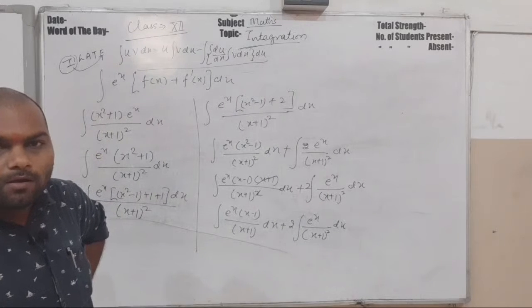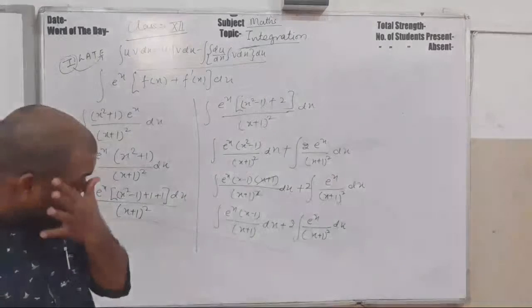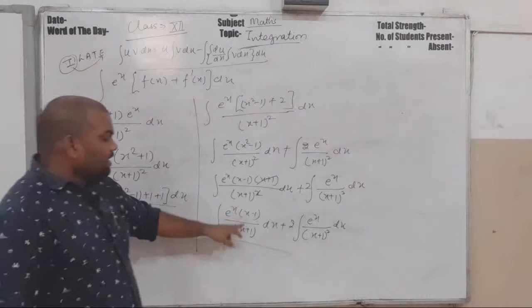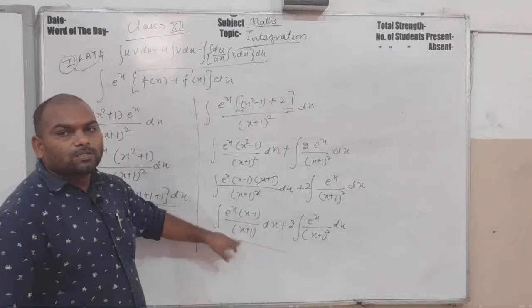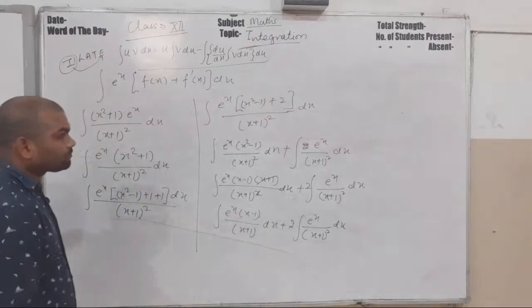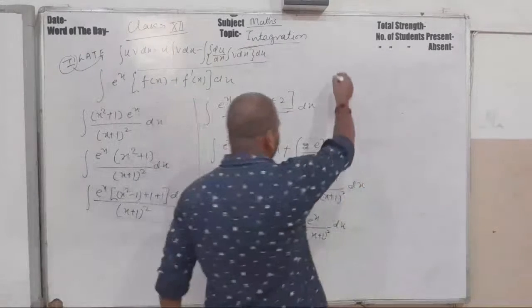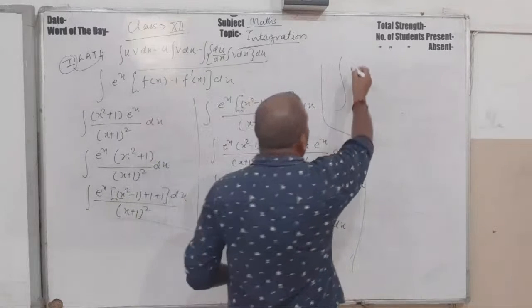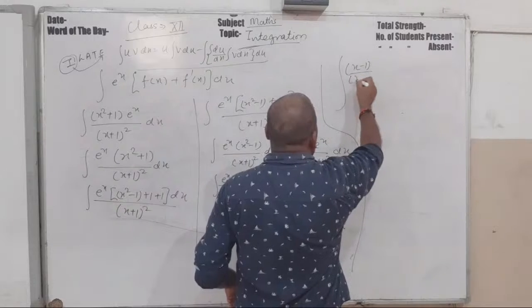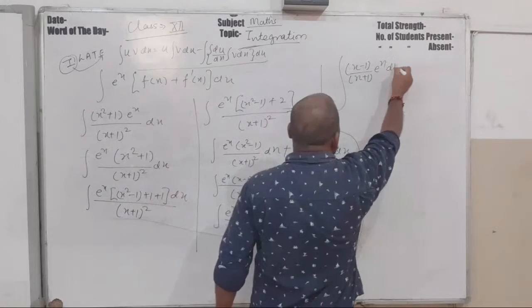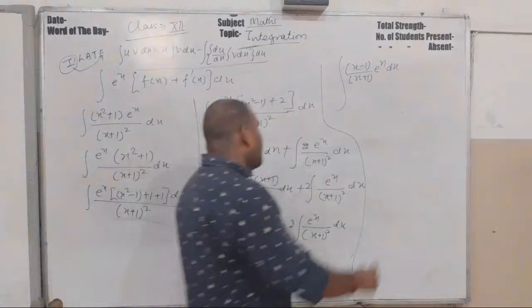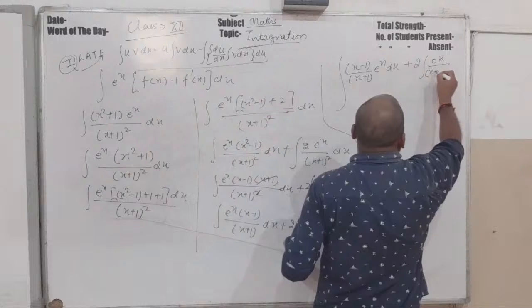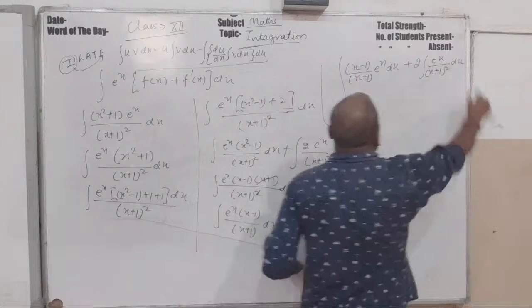Anybody? This is the algebraic function, so this can be taken as the first function. So this can be written as the integral of (x minus 1) upon (x plus 1) into e to the power x dx, and plus 2 times the integral of e to the power x upon square of x plus 1 dx.